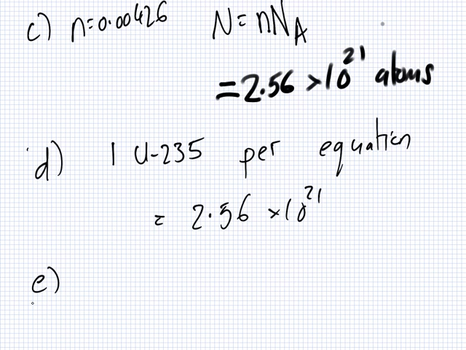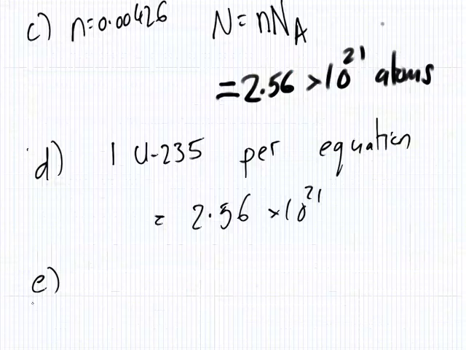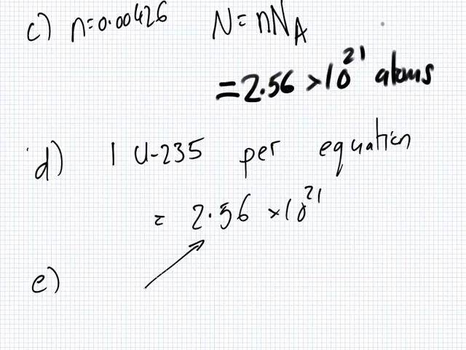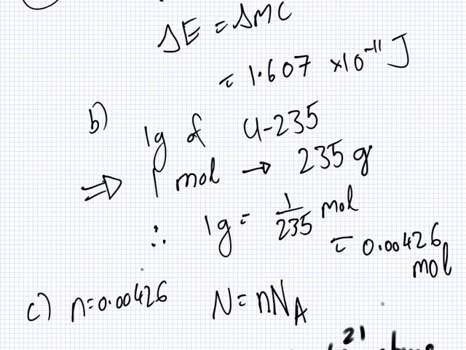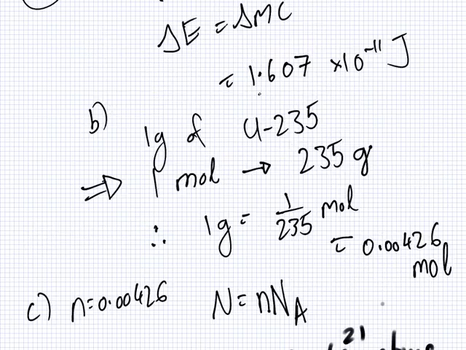E. How much energy can you make from 1 gram? So you get this many reactions in 1 gram, and then how much energy is it? This much energy. So I just multiply the two numbers. 1.607 multiply 10 to the minus 11.